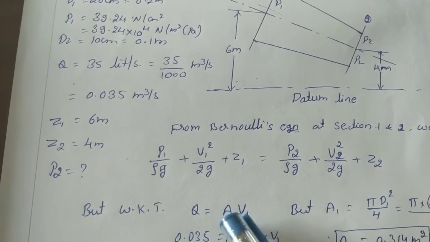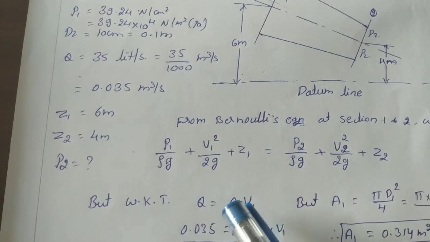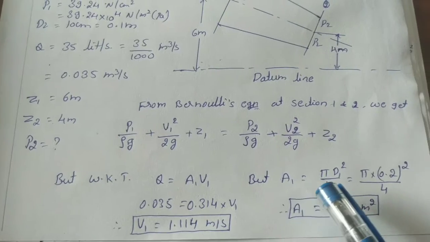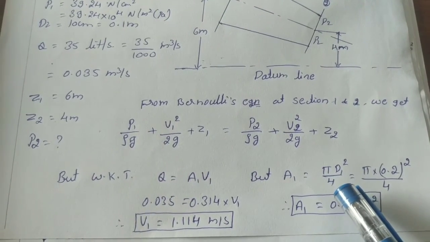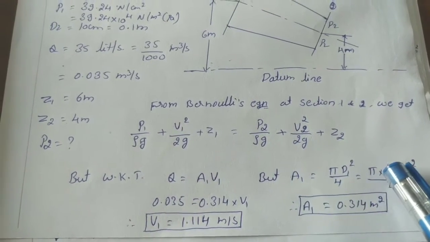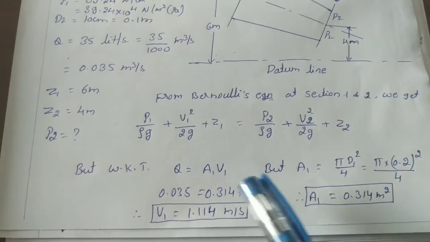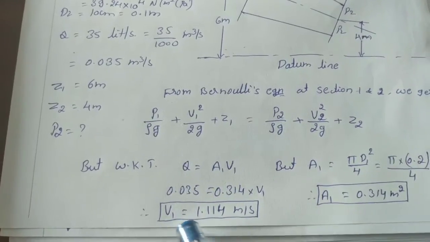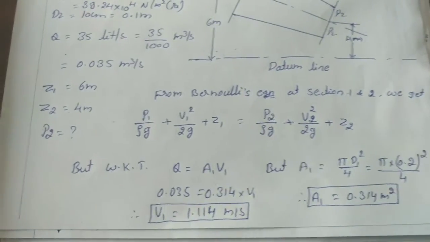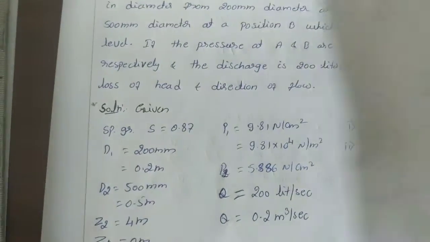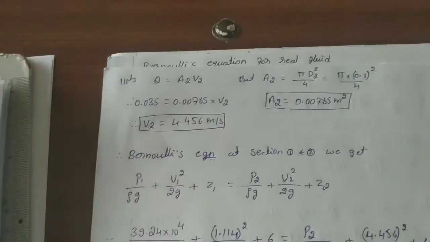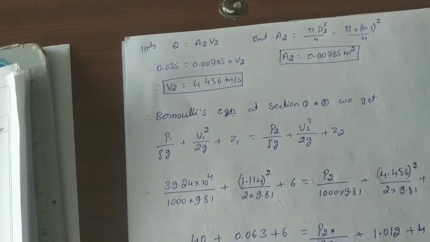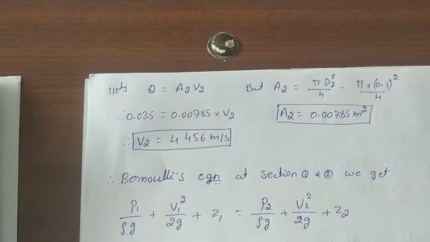To identify the velocities, we use the equation Q is equal to A into V. First we identify the area: A1 is equal to pi d1 square divided by 4, the area of the pipe. Substituting into the equation, with Q given in the problem, we get V1. Similarly, we identify V2 using the continuity equation, Q is equal to A1 V1 is equal to A2 V2, which we will study in kinematics of fluid flow.